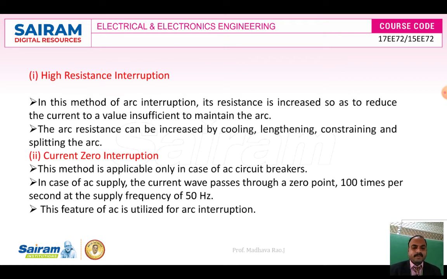In case of AC supply, the current wave passes through the zero point. The sinusoidal current waveform passes through zero 100 times per second, with a frequency of 50 Hz. So this method, current zero interruption, is used for arc interruption only in AC circuit breakers.